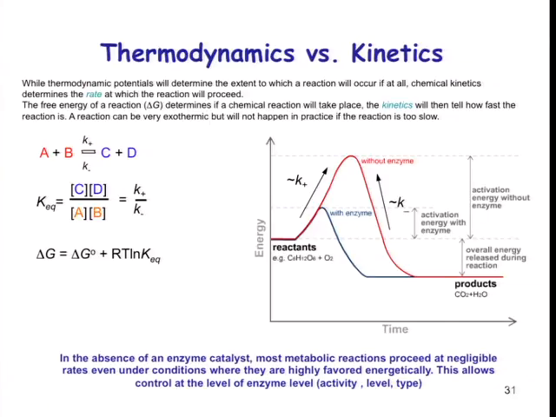But what you also see is the rate from a practical point of view. Think about it: if a reaction is going to happen, and it's going to take 1 billion years before it actually happens, it's not that useful to you.